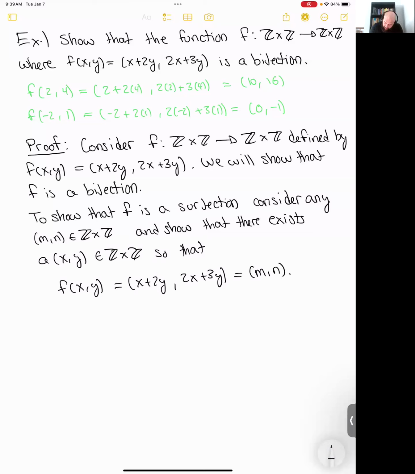Right? That's what I need to show. I'm just reminding the reader of what I need to show, but it's also helping me to remember what I need to do here.